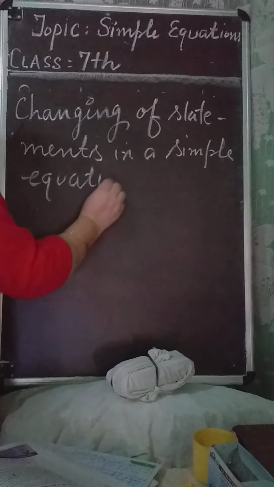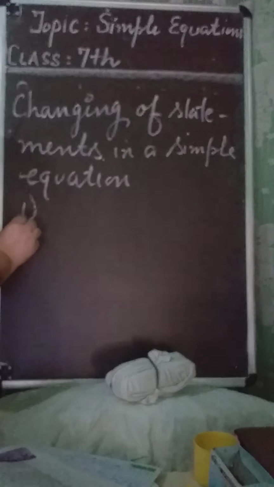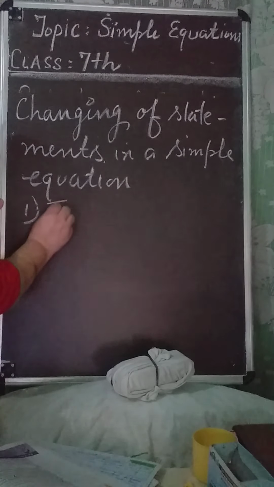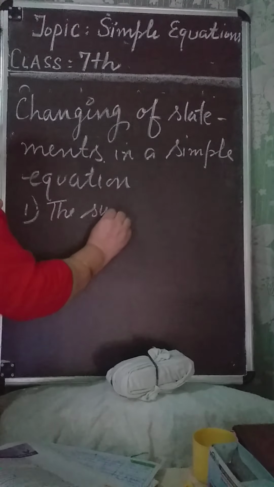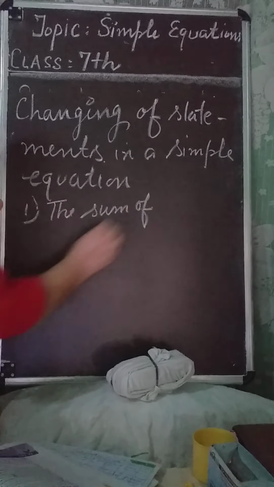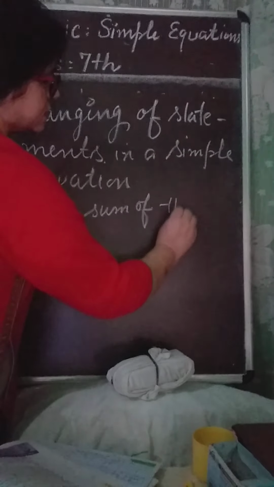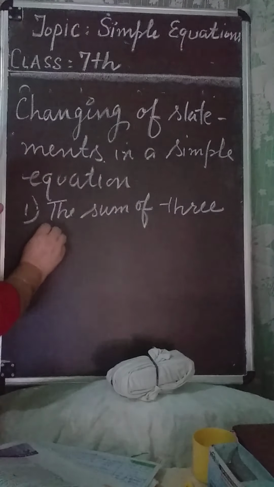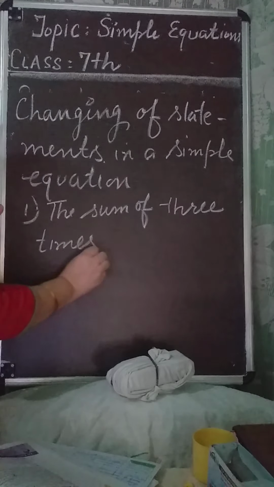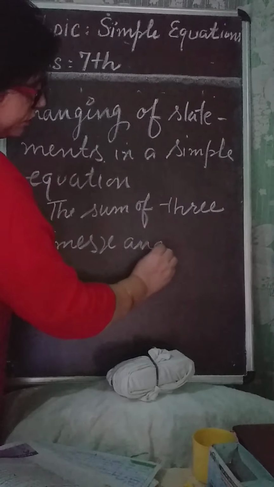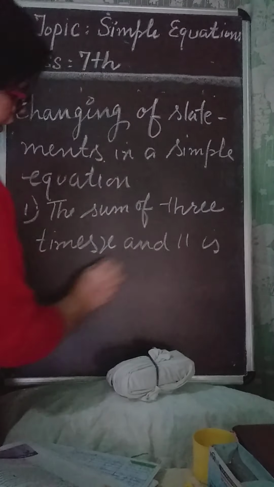Right, children? If I write the first statement, the sum of 3 times x and 11 is 32.